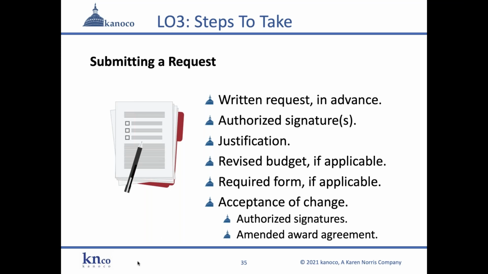So oftentimes the project director will be asked to sign an amendment request, but generally that signature is not adequate because of the legal obligations of the award. The award is made to the recipient institution, the recipient non-federal entity, and the authorized signatory for the recipient institution is who is generally authorized to sign these things.